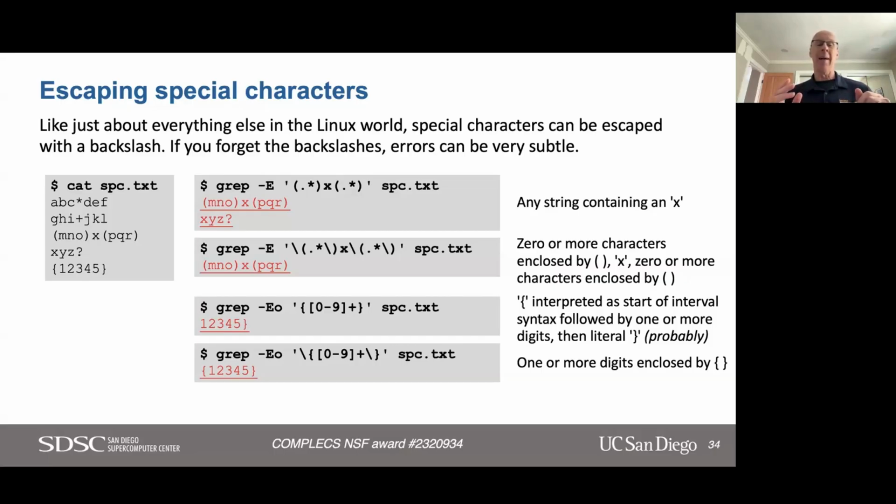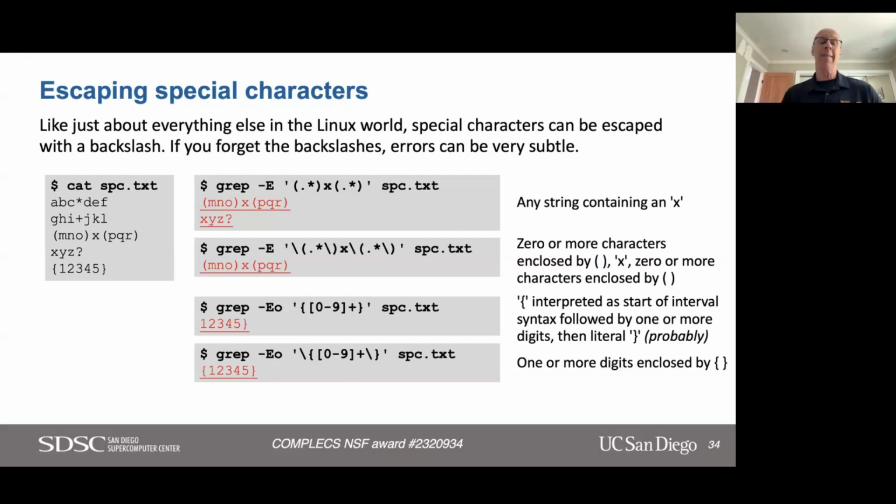In that first example, if we just wrote out left paren dot star right paren X, left paren dot star right paren, that's going to get one of the matches that we wanted, MNO in parentheses X, PQR in parentheses, but notice that it also matched the string XYZ question mark.